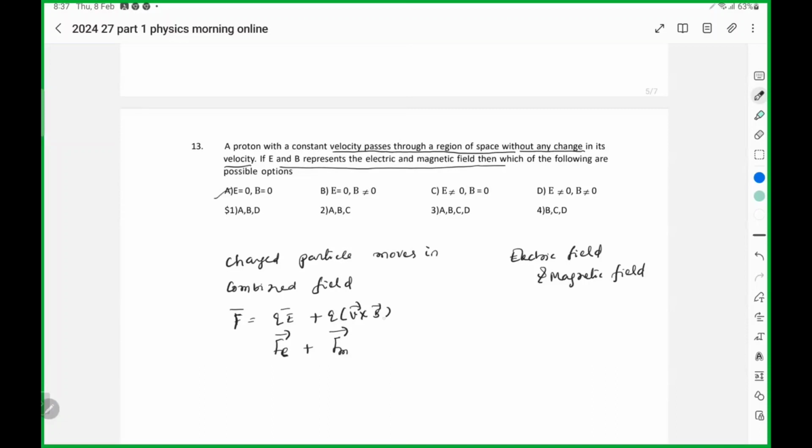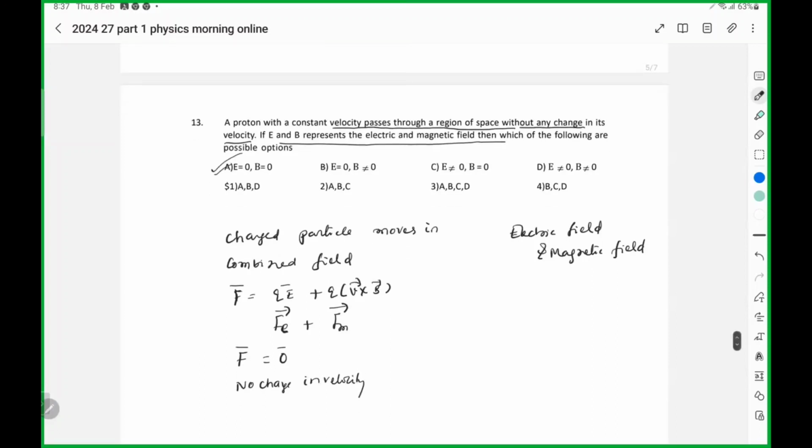When electric and magnetic fields are 0, the force will be 0. That means no change in velocity. So this is possible. When E is 0, second option, B not equal to 0, there is only a magnetic field present.